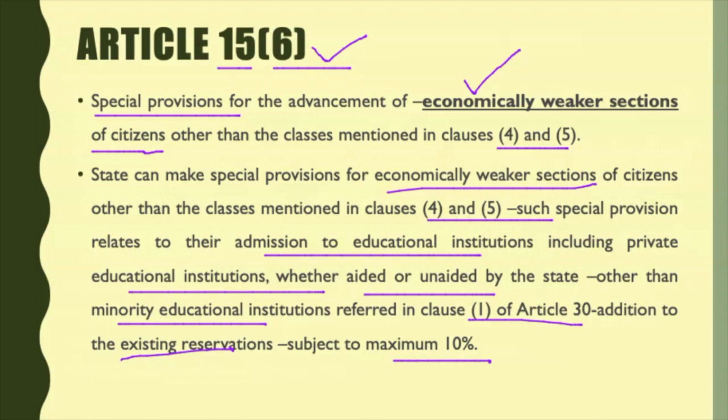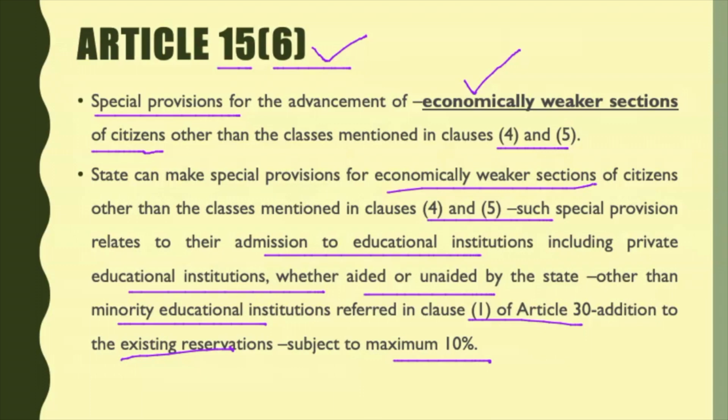So now as per clause 6, the state has also been given the power to make special provisions for economically weaker sections of citizens so that they can be admitted to educational institutions, and this will include private educational institutions whether aided or unaided, but from this provision also we have excluded minority educational institutions that are specified in clause 1 of article 30.